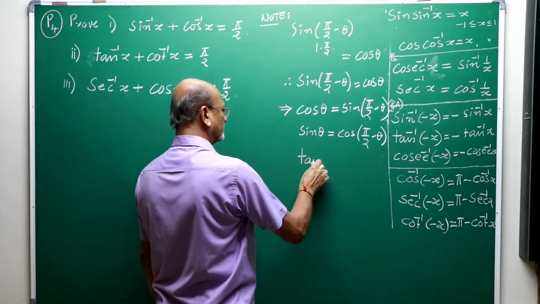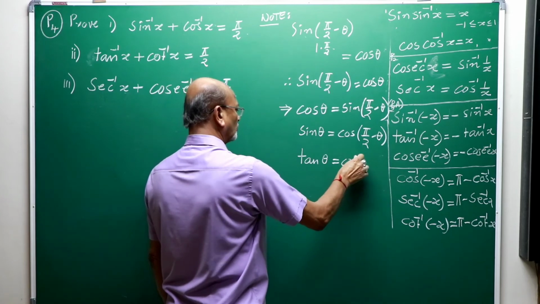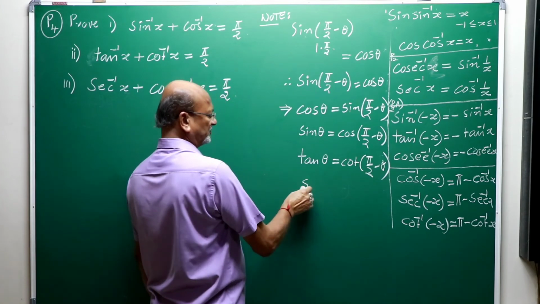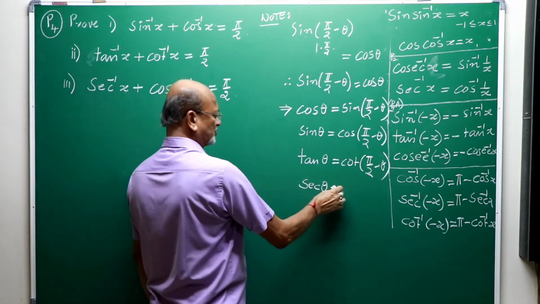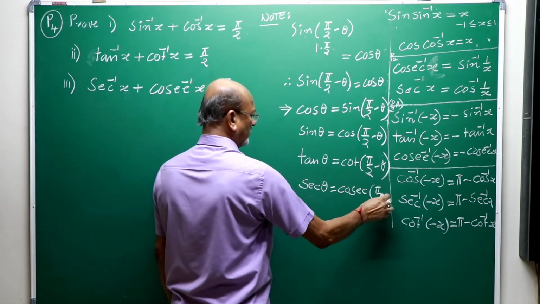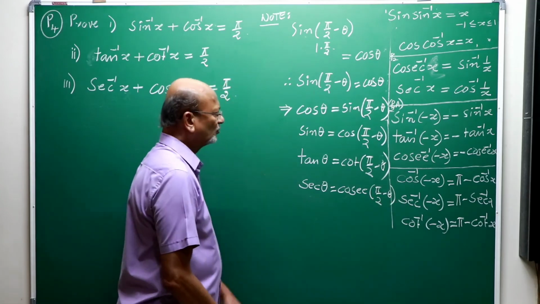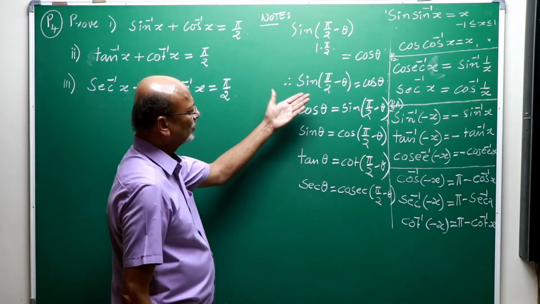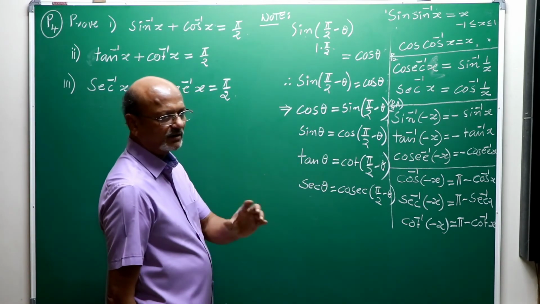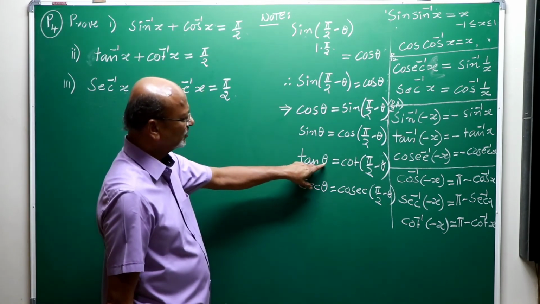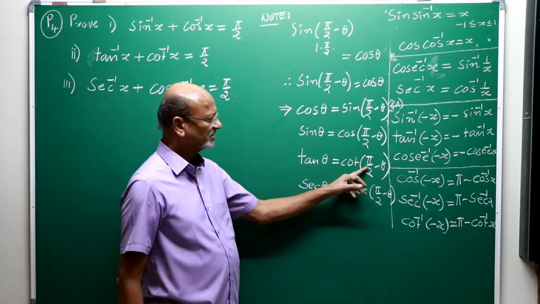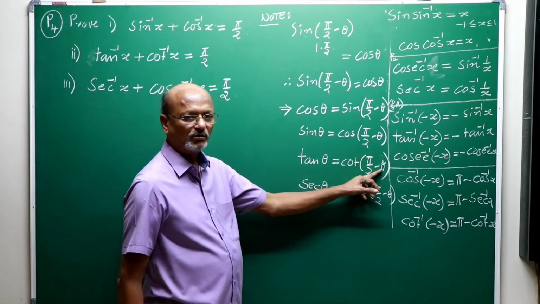Tan to cot of π/2 minus theta. Sec to cosec, π/2 minus theta. You know it, my friends. Either sine to cos, cos to sine, tan to cot, or anything among co-trigonometric ratios, you have to replace the angle by π/2 minus theta.